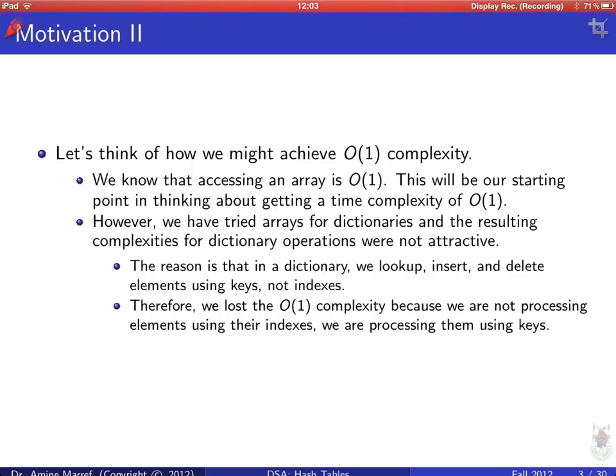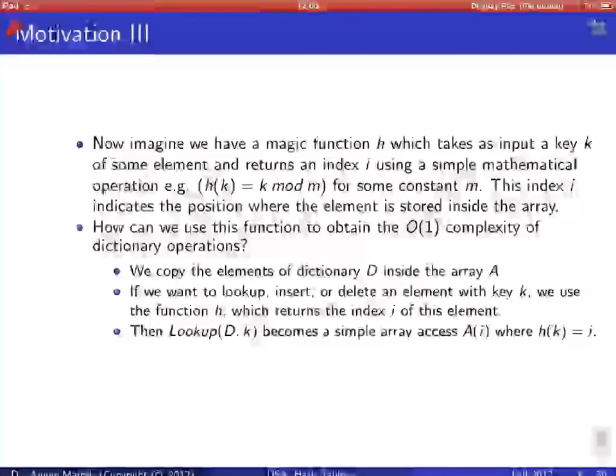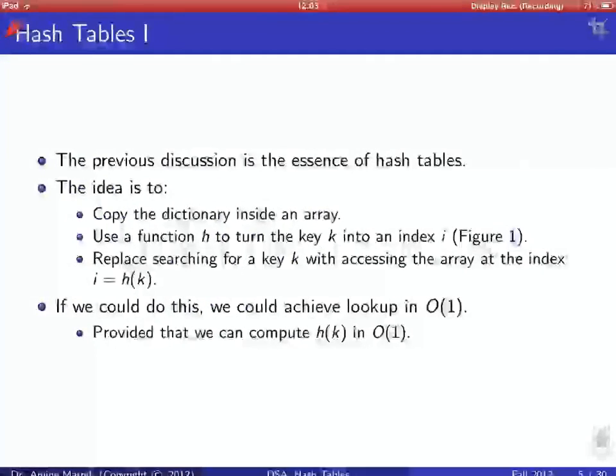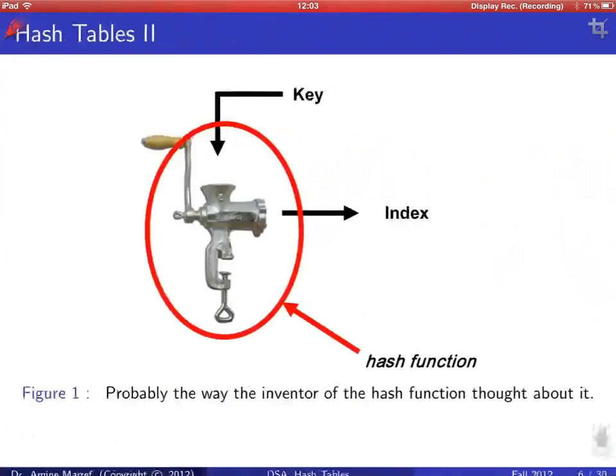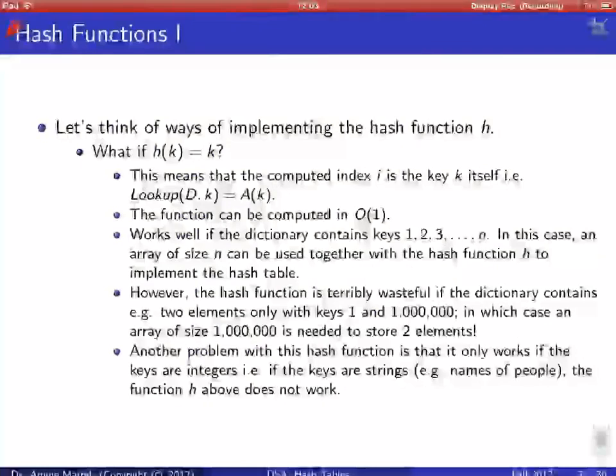Okay, so in the last lecture we have mostly seen what it means to be a hash table. We said it's an array together with a hash function, and we have talked about this hash function and what it does. It takes a key and gives us an index. So when we insert, we get the key of the element and find an index using the hash function, and then put the element in the slot returned by the hash function.